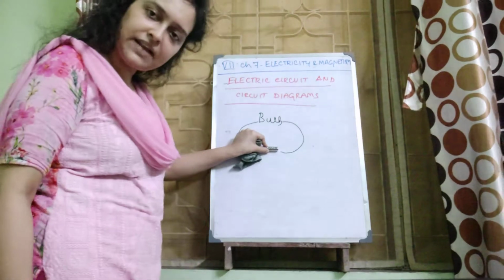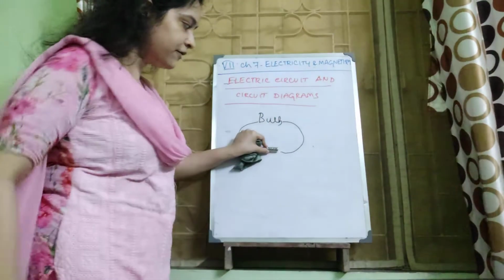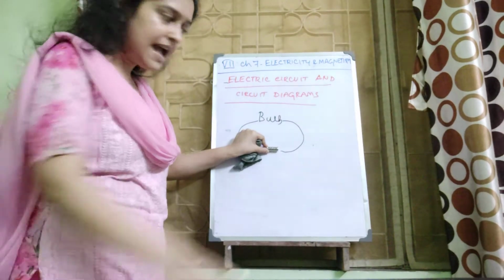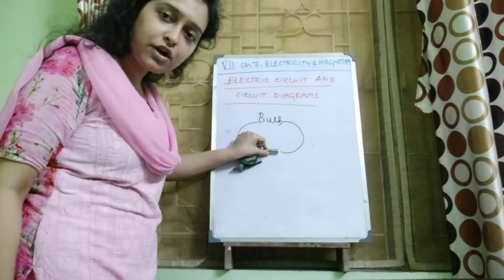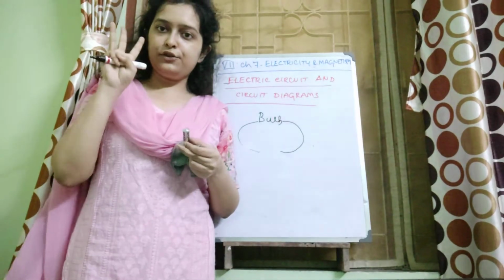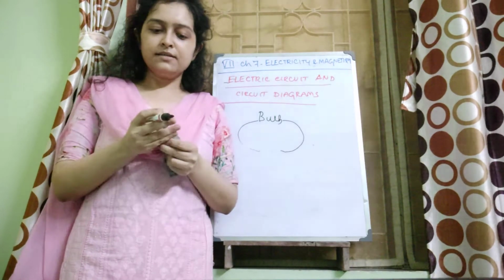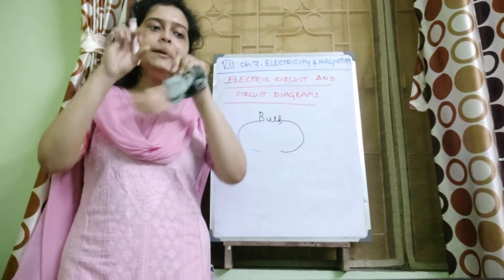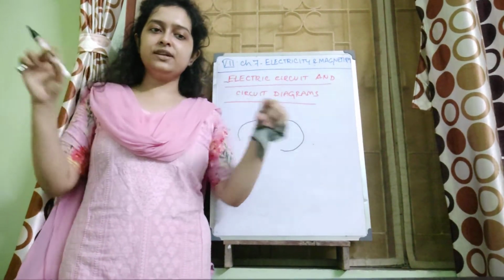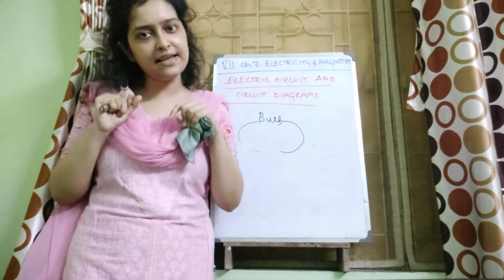Source of electricity, the device which is working on electricity, and the connecting wires. So we have three components here. Whatever is present in the electrical circuit, that many components you have in the electrical circuit.